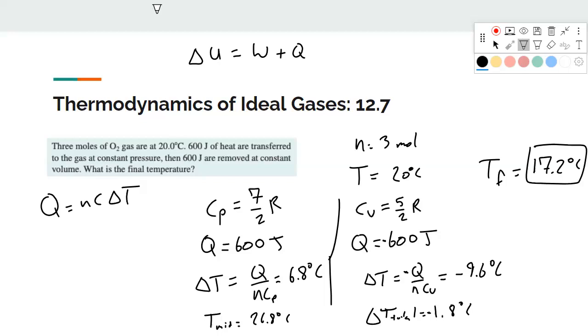So it's a different type of process. We have a different heat capacity. And so here we are subtracting 9.6. And so if we do 26.8 minus 9.6, we get 17.2. So that's the mathematics. You know, understanding it conceptually maybe is a little harder.